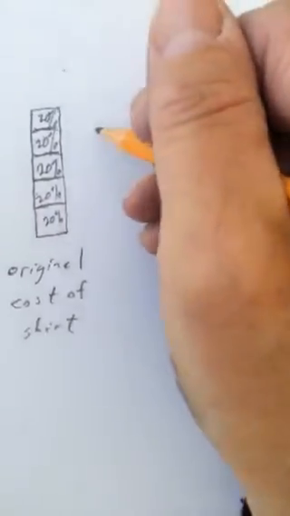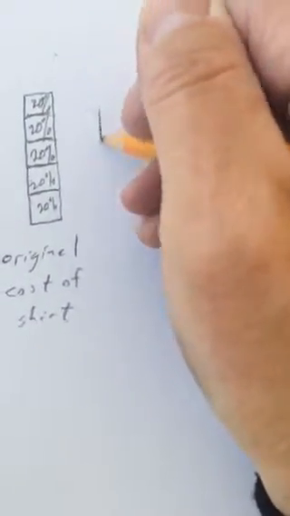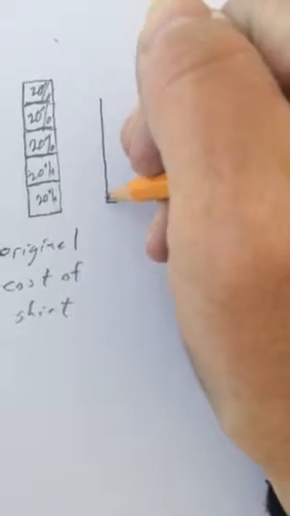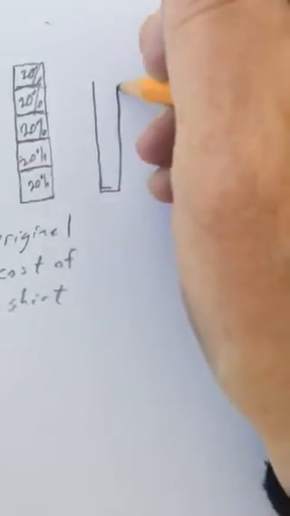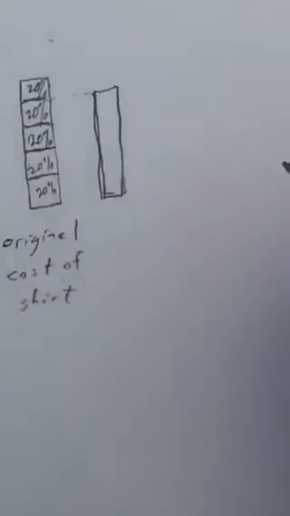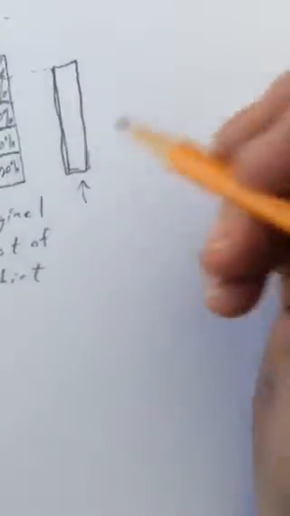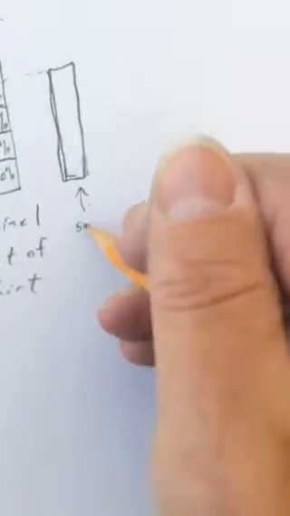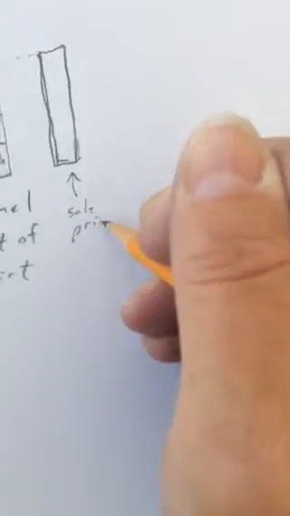We know the shirt's on sale for 20% off, which means that the next broomstick I'm going to draw over here is going to represent the sale price, right? That's 80% of the original. Sorry, I'm not drawing that well. I'm single-handed here because I'm holding the phone in my other hand. Okay? So this is the sale price of the shirt.